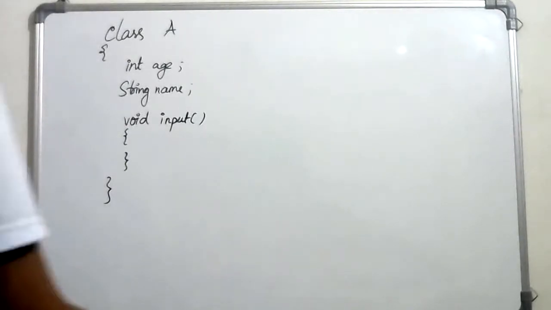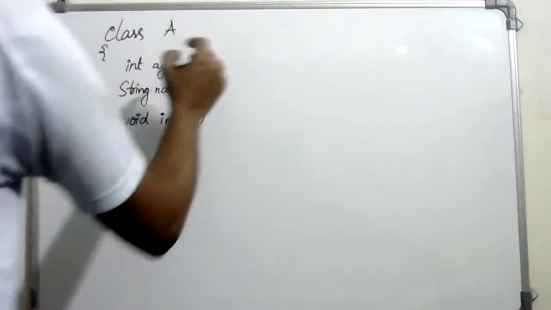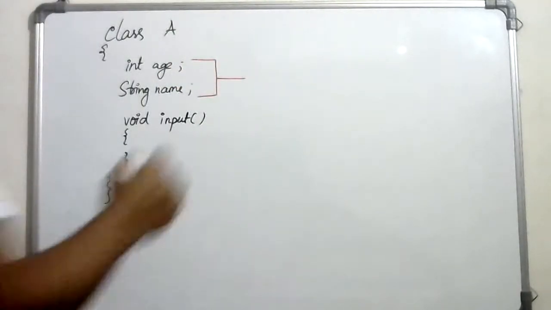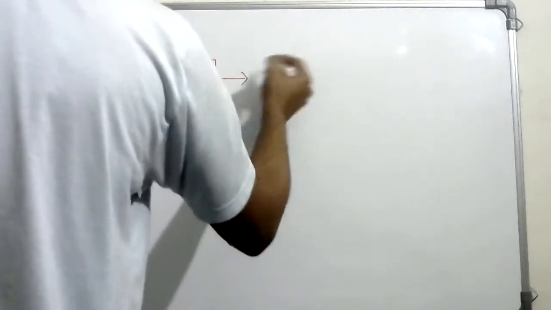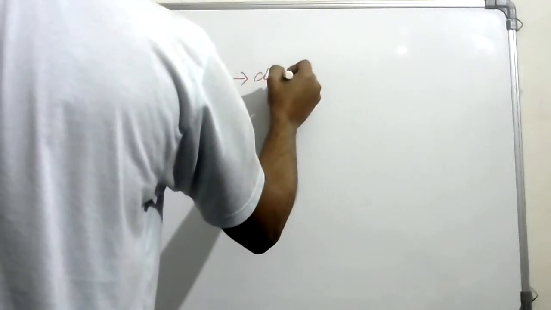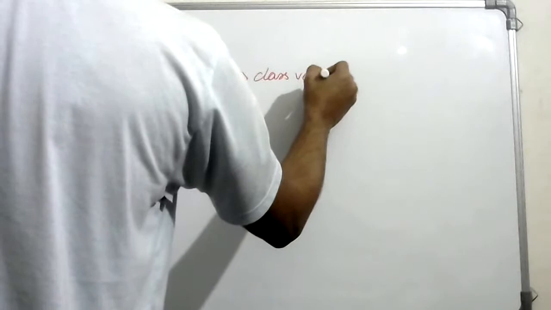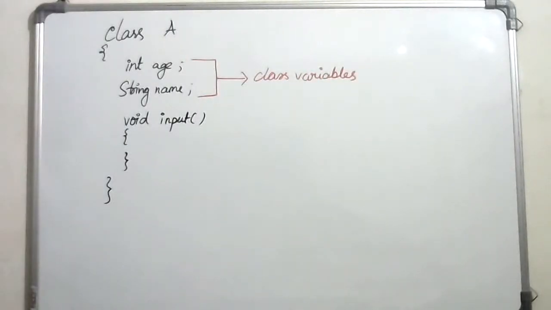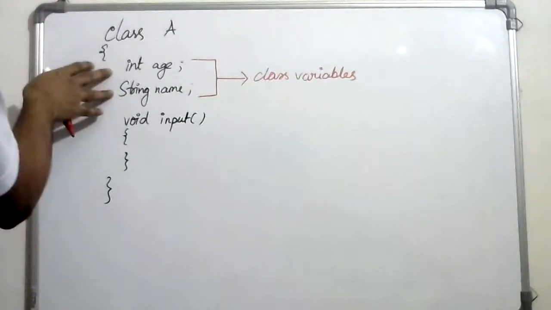So if you see these two things here, they are what we meant by class variables. Why? Because they are defined inside the class. Why are they called class variables?